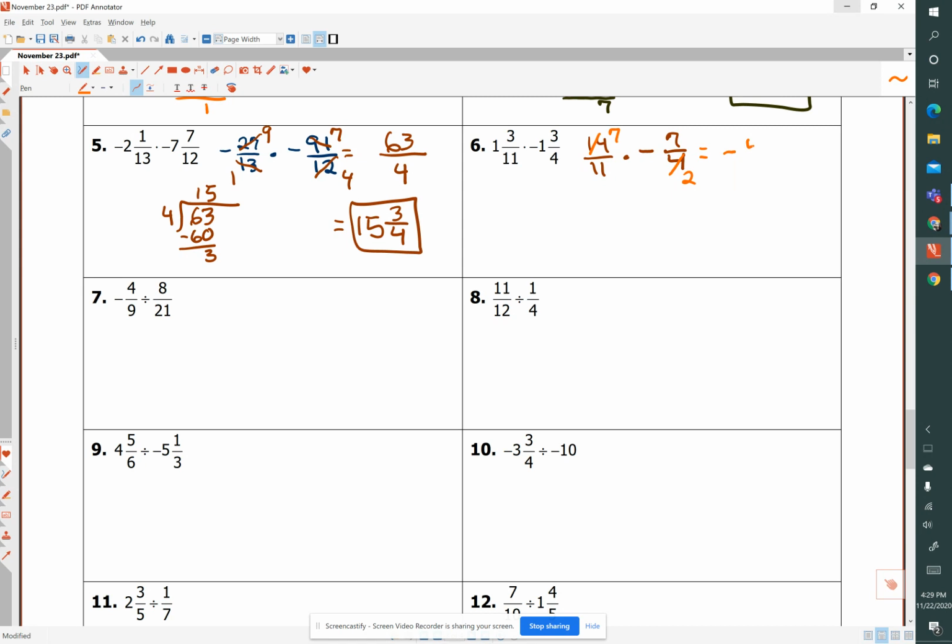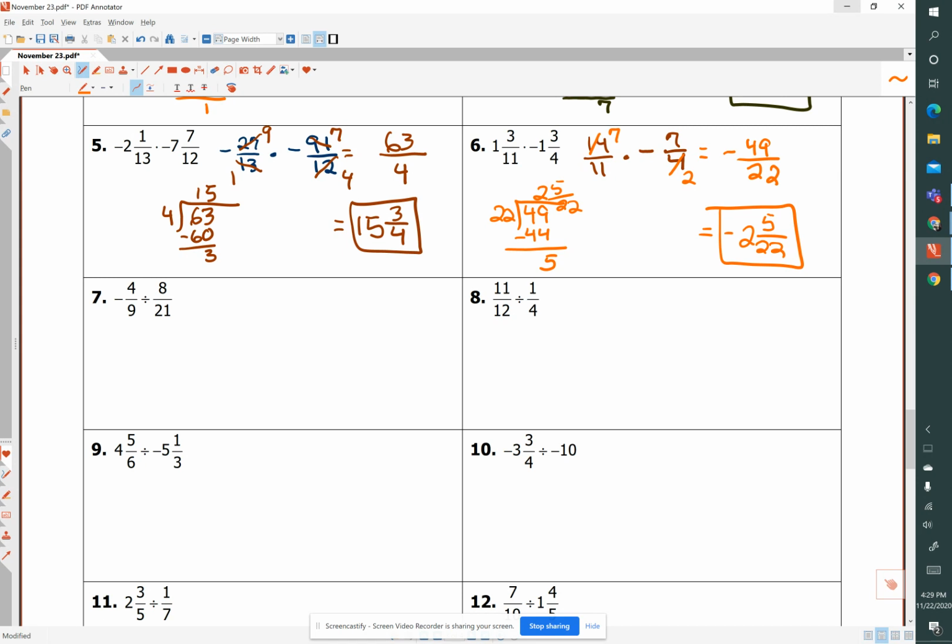That's a -49. Positive times a negative is a negative over 22. And if we divide 49, because we have an improper fraction, by 22, 2 times 22 is 44. And so that's 2 and 5/22nds. And that's a -2 and 5/22nds.